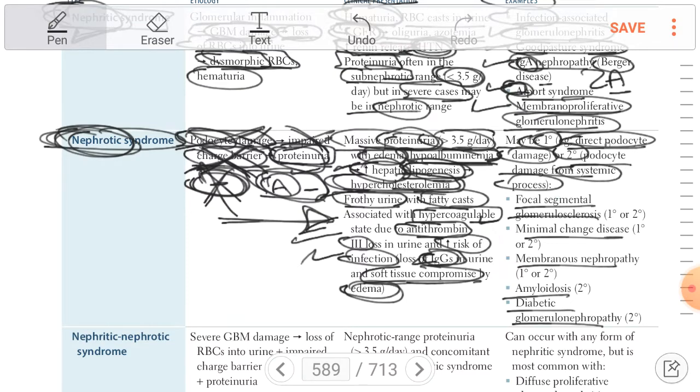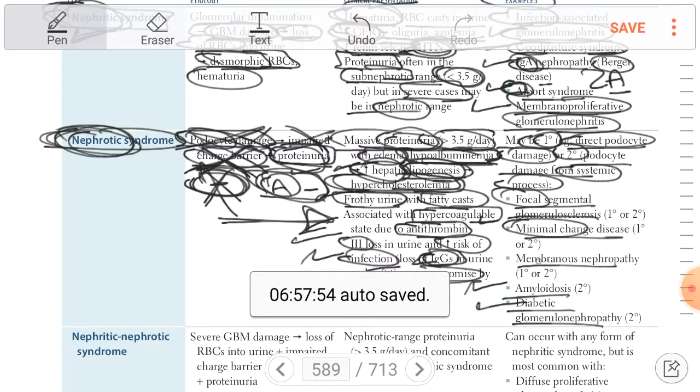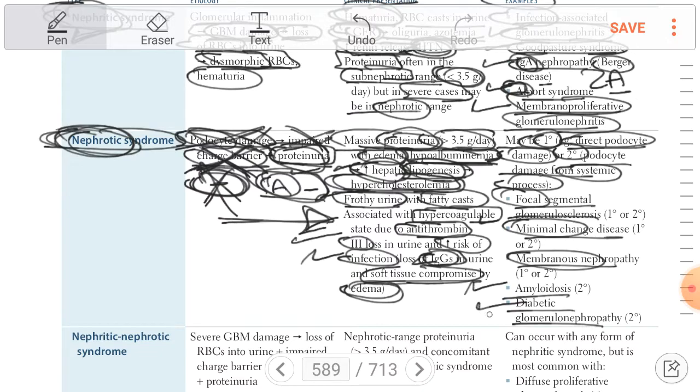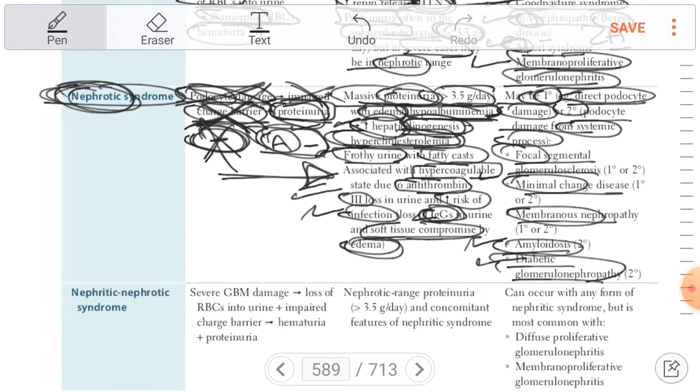Maybe primary damage directly to the podocyte, or secondary to a systemic disease. So we have diabetes and amyloidosis as systemic, and primary like focal segmental glomerulosclerosis, minimal change disease, and membranous nephropathy.